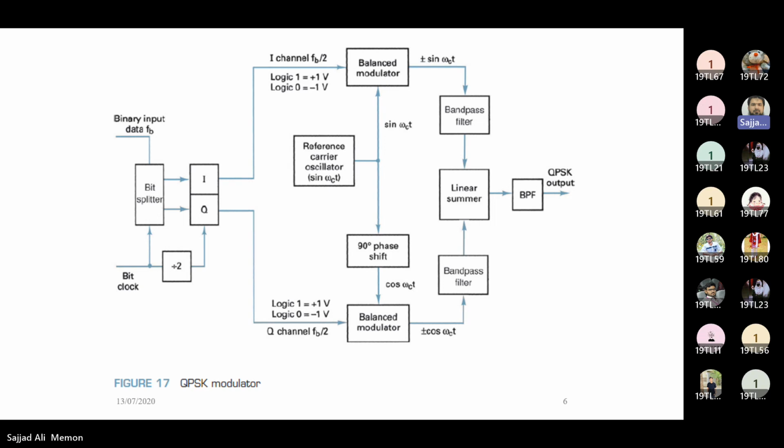The binary input can be 0 0, 0 1, 1 1 or 1 0. One bit will go to the I channel and one bit to the Q channel, and based on that, we will choose an output based on the received plus or minus.